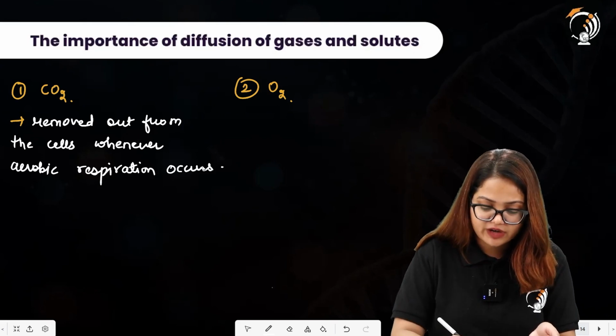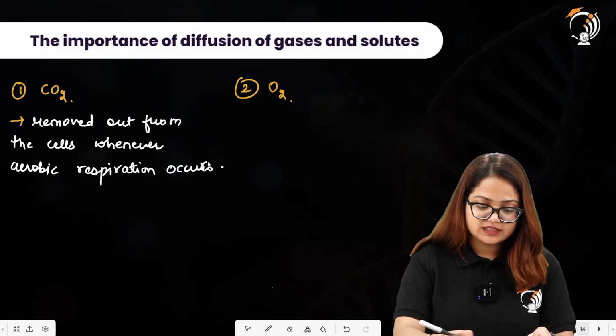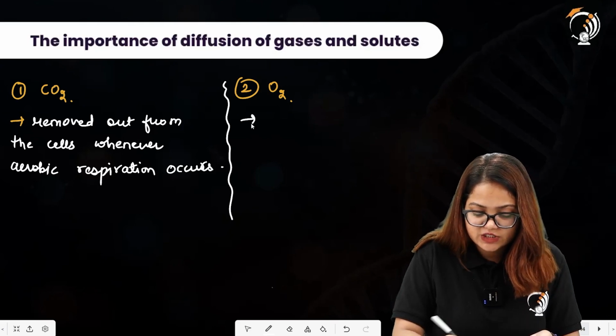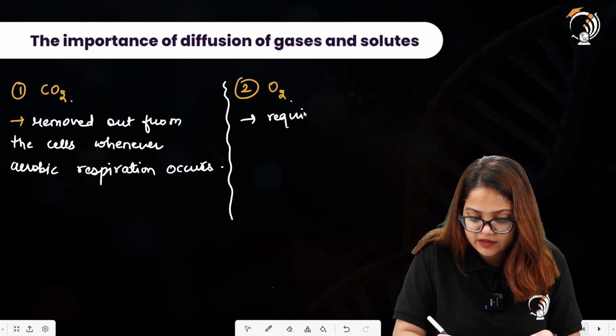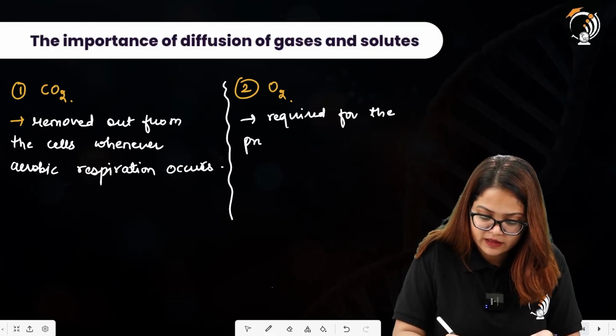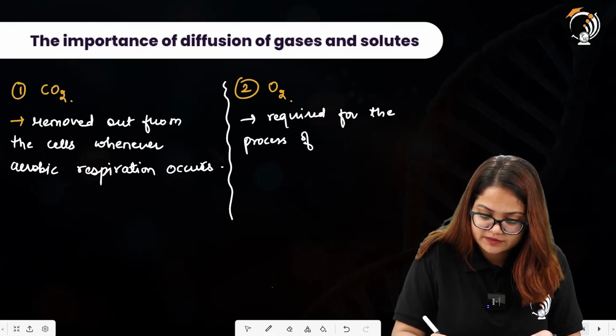It has to be removed since it is a toxic molecule. The oxygen is required for the process of aerobic respiration.